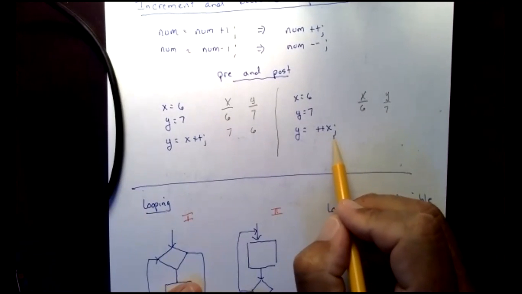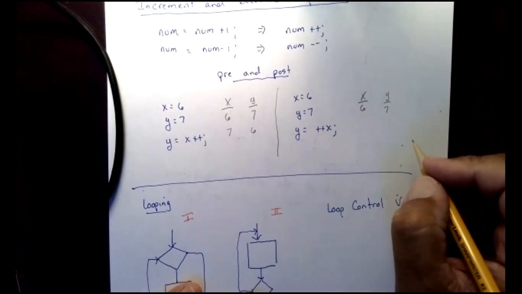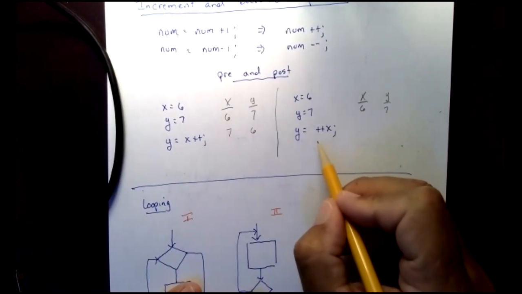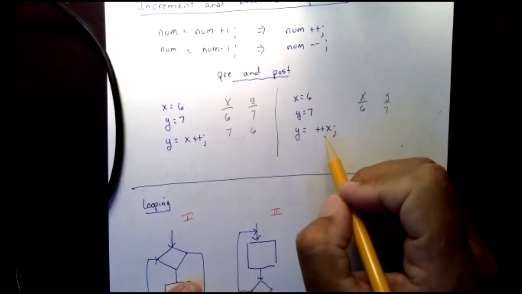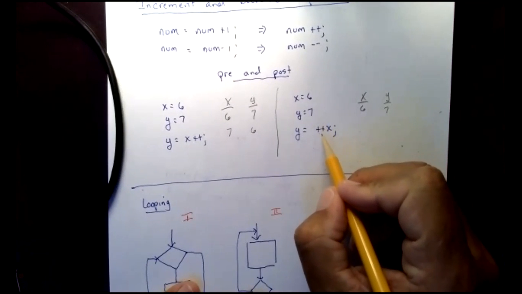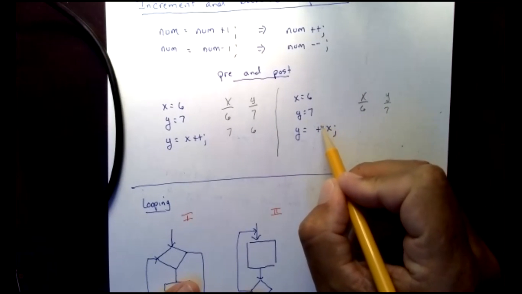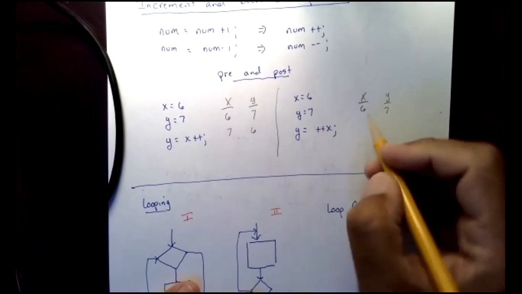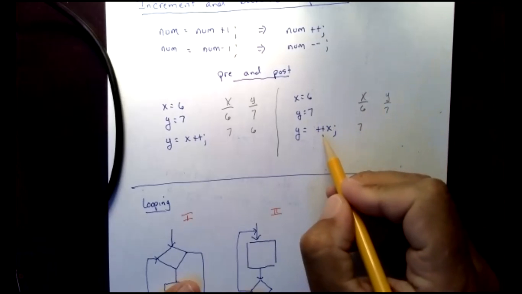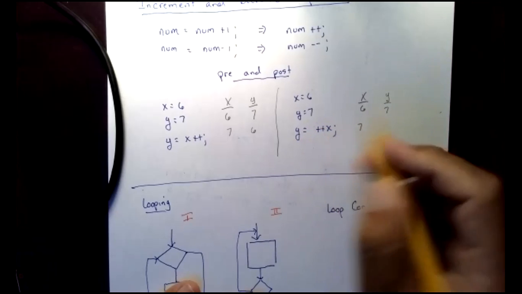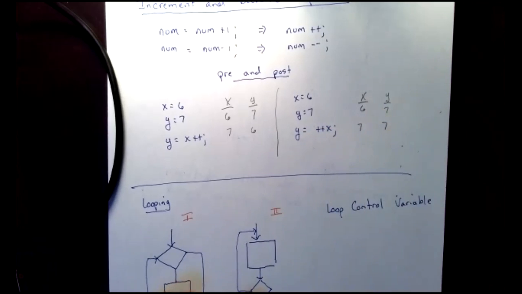Y equals plus plus X. 1's going to be added to Y. No. First thing that's going to happen is I'm going to go plus plus X. So I'm going to increment X to 7. Now what's there gets assigned to Y, 7.